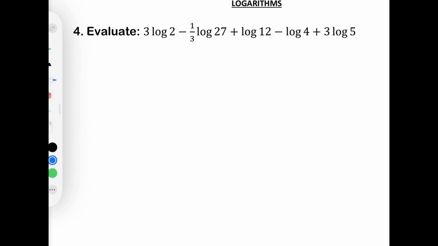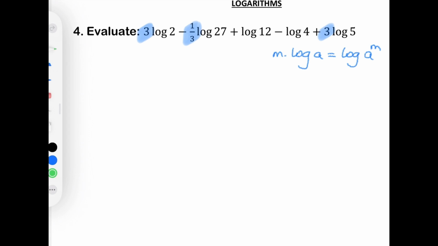The first law that we are going to use here is m times log a becomes log a raised to m. So here we have 3, 1/3 and 3 as coefficients in the different terms.